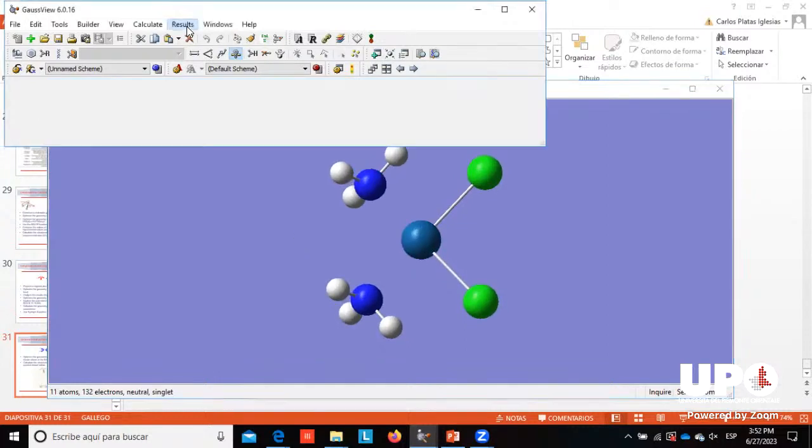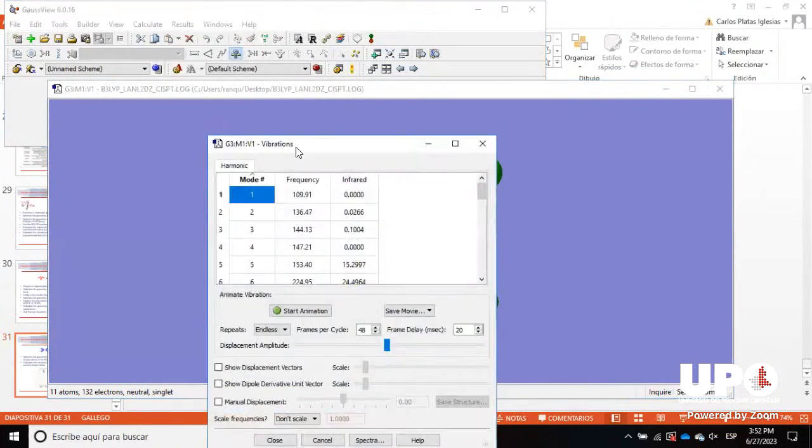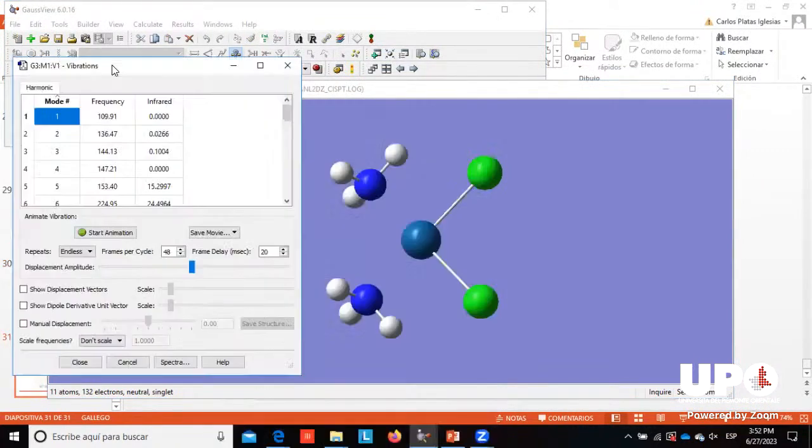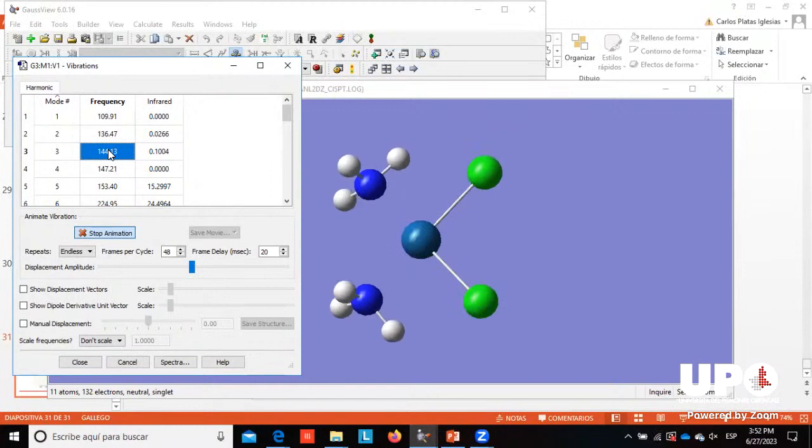So results, frequencies of vibrations, and then we can identify the metal ligand vibrational modes. So here, generally at low energy, we have different deformations, right? Generally deformations of the coordination sphere or sometimes of the ligands, but these are not actually metal ligand vibrational modes. So we have to identify them, right?